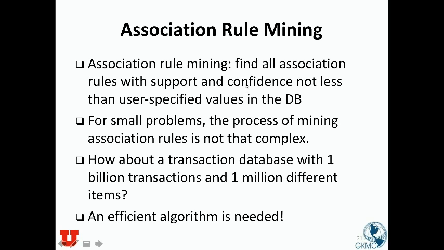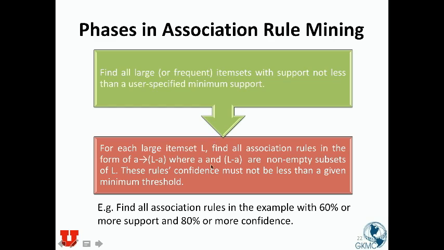This seems simple in the example that we saw before, but if it's a large database, it can be very time consuming. So a good systematic algorithm that is time efficient is important. We will go over the idea of the process of deriving this.